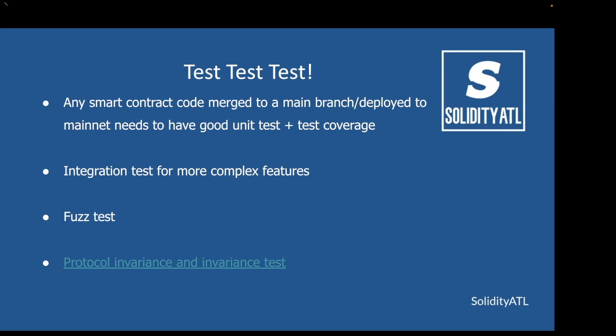So aside from what I just talked about with best practices for merging code into a main branch that a protocol is using, it's best practice to enforce running tests on every pull request and make sure the tests pass, and then also enforcing some type of minimum test coverage so that as code is added to the protocol, you can make sure that tests are being written. So if tests aren't written, then the pull request won't be able to merge.